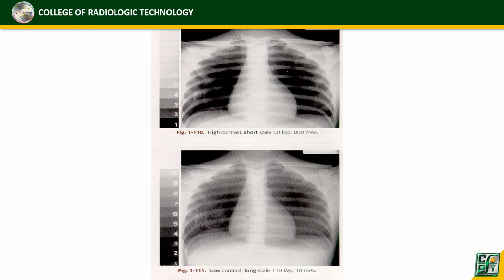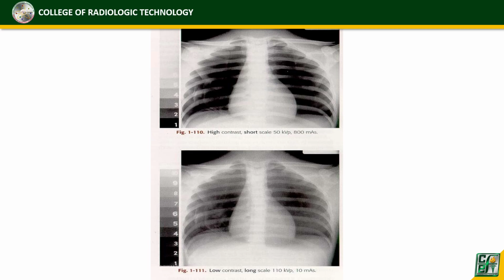If I ask you what is ideal for chest radiograph, long scale or short scale? What do you think is the ideal contrast for chest radiograph? Long scale po.